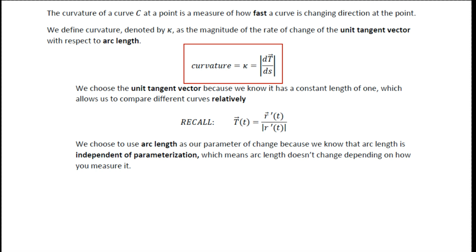Now, we use the unit tangent vector and arc length to define curvature. Why does that make sense? Well, we want to use our unit tangent vector, and we want to know how fast our unit tangent vector is changing because it has a constant length of 1, which means I can compare two separate curves relatively using that unit tangent vector. The example that I'm going to use here is, let's say we had a 6-foot-tall woman talking to a 6-foot-tall man.